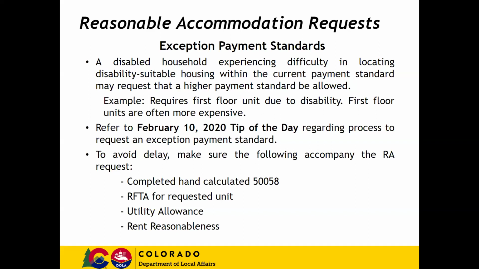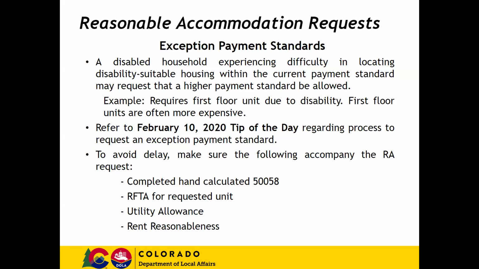However, we do find in cases that households that include a person with a disability might need a different kind of unit or a specific neighborhood related to their disability where the payment standards just don't cover the cost of housing. In those cases, we do offer an exception payment standard, or a higher payment standard, as a reasonable accommodation.